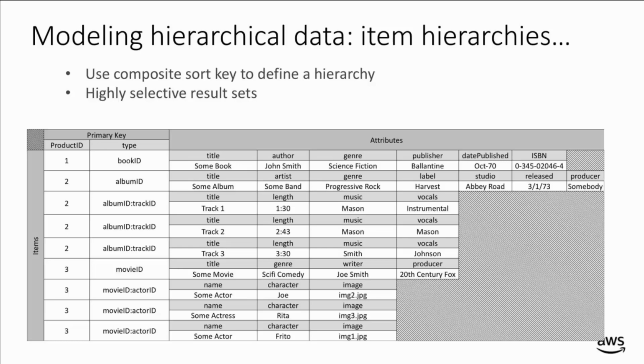Now, this is really important if you have large hierarchies and you need to update data in small chunks, so to speak, in smaller items. If you were to store the entire item or the entire logical record in a single item, updating that would consume write capacity equivalent to the size of the entire item.